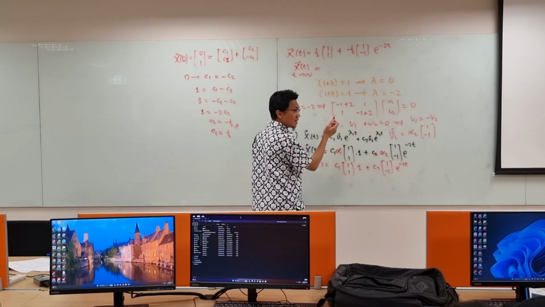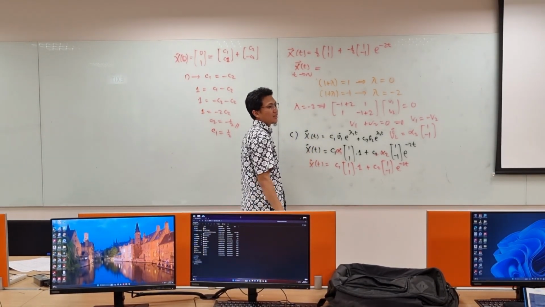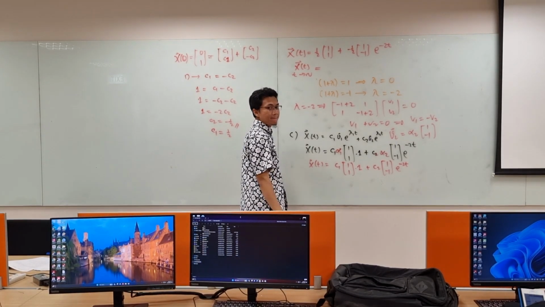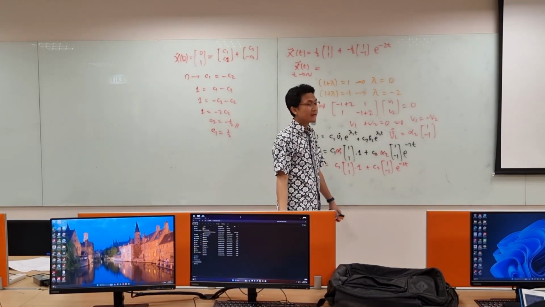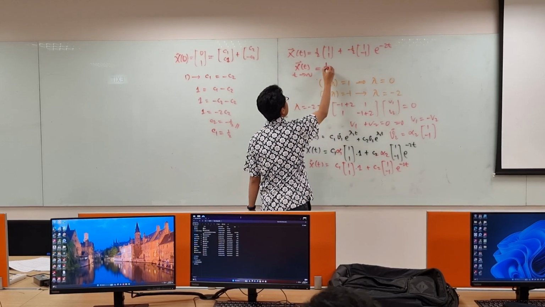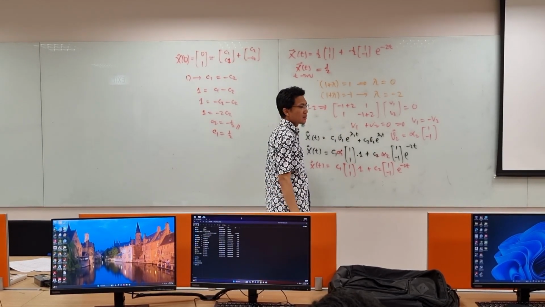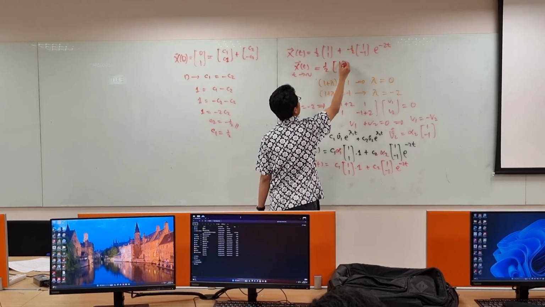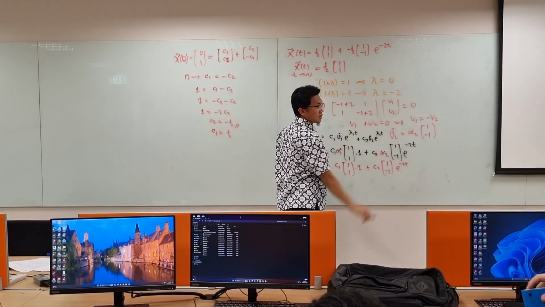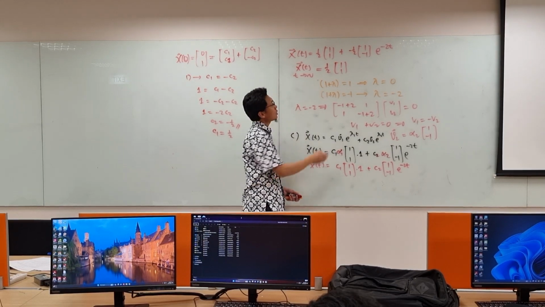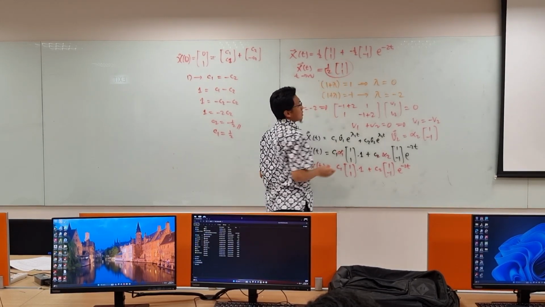Half, then multiplied by the factor (1, 1). What about this? It is going to be 0. So this will be the steady state value.